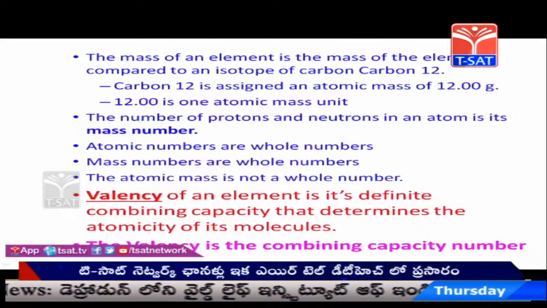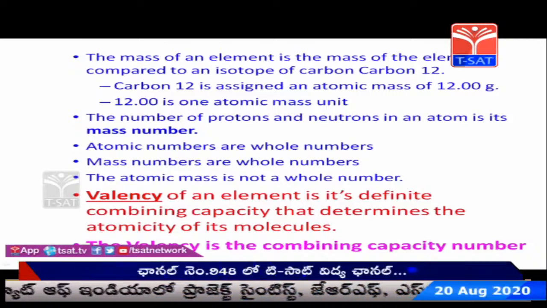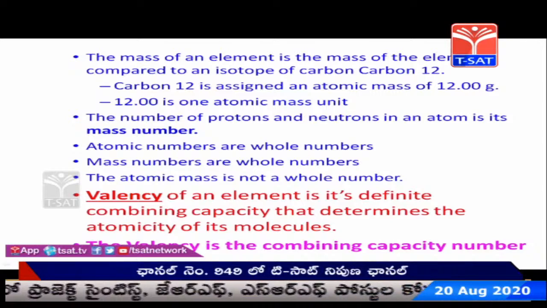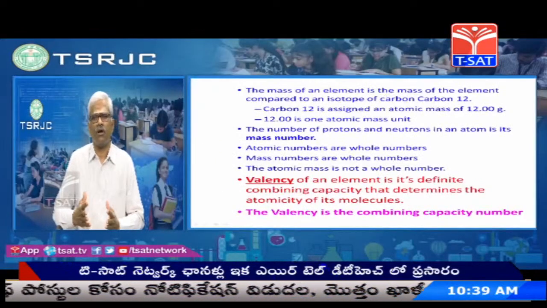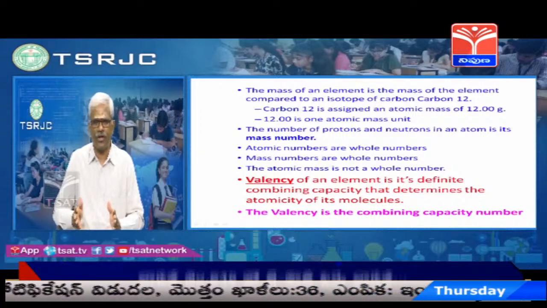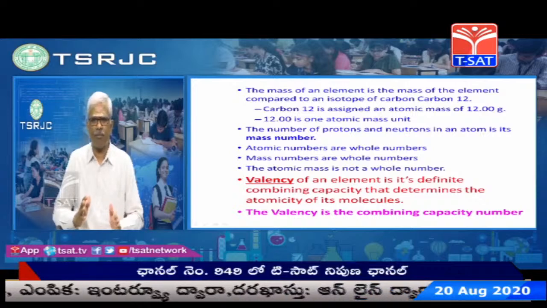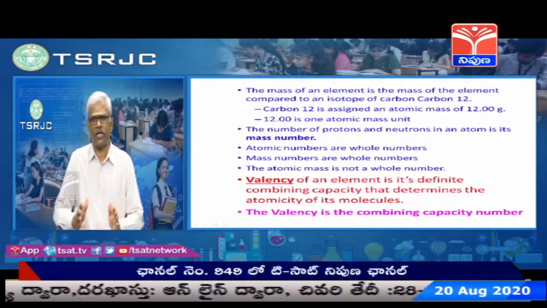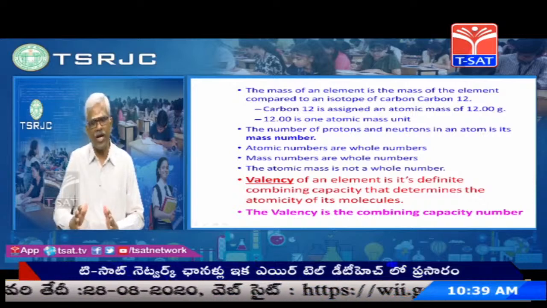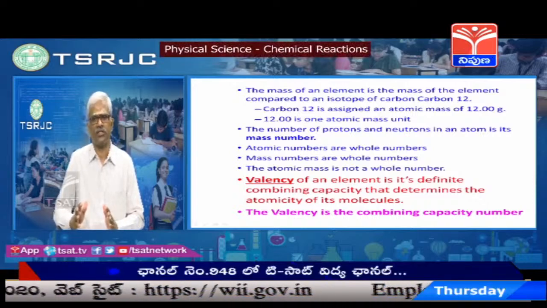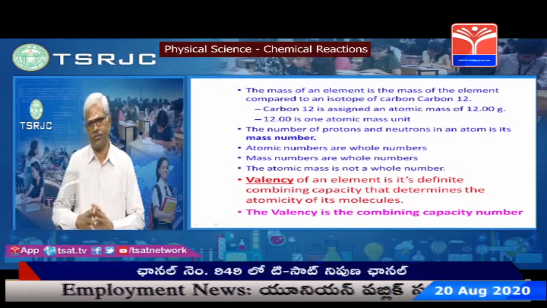Different atoms have different valencies. Simply saying, we can consider a best example from our day-to-day life. The valency number is the combining capacity or atomicity. How many atoms will participate in a chemical process during formation of a molecule.